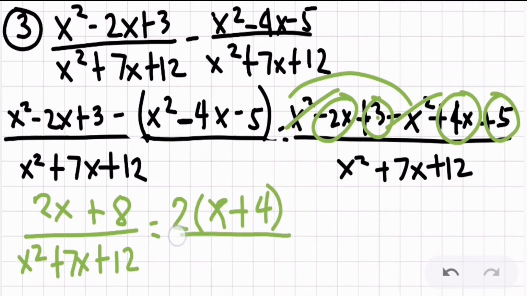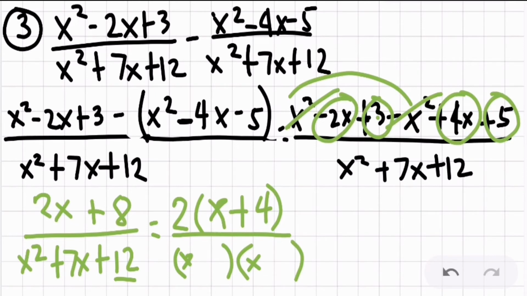And for the denominator part, x squared plus 7x plus 12, we can factor it this way. So put x here, and then for 12, we have different factors: 3 and 4, 2 times 6, and 1 times 12.